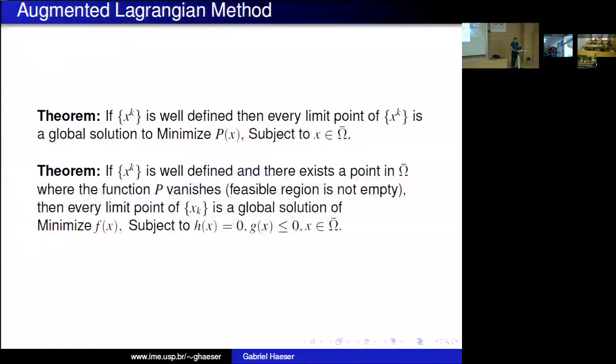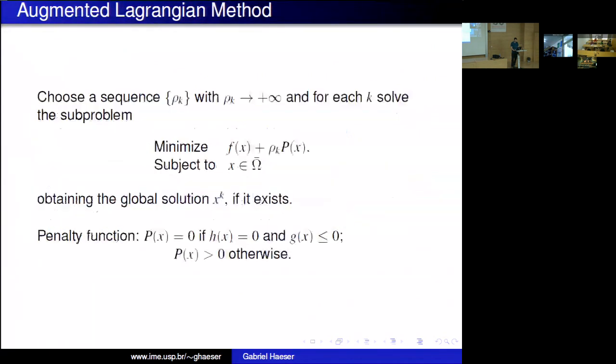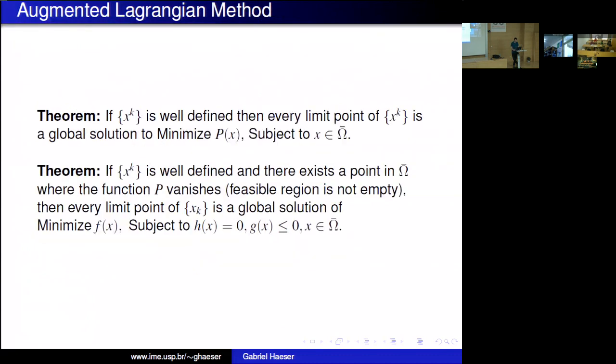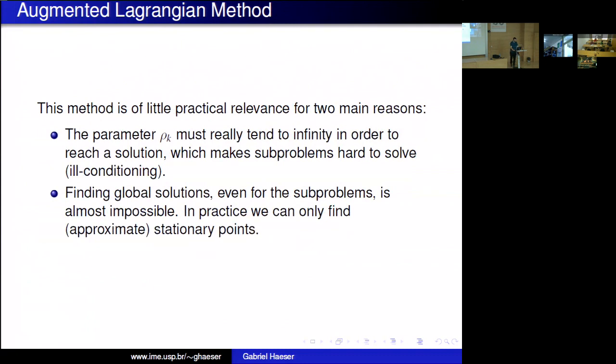For this to happen, remember you have to ask for a global solution at each subproblem, and this is hard. And you have to actually make this sequence tend to infinity, otherwise you won't reach the solution. So this is a problem in practice. That's why this method is of little practical relevance.